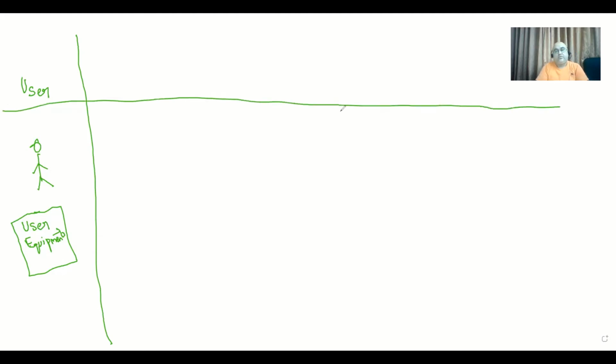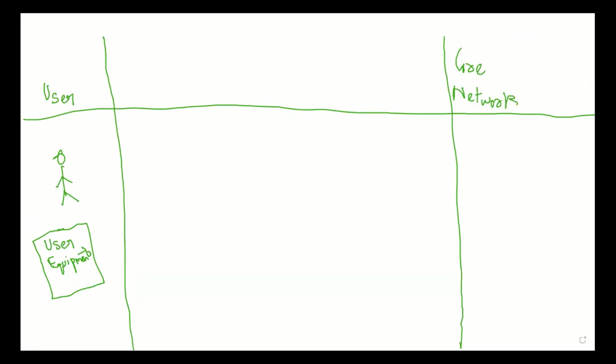All right, so on the other end, we have what is called the core network. The core network. So, as the name indicates, it lies at the core of what a telecom operator has to offer. Okay.